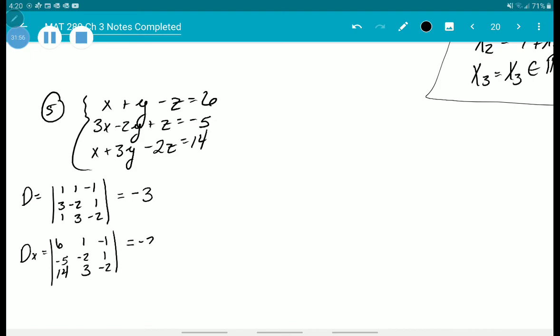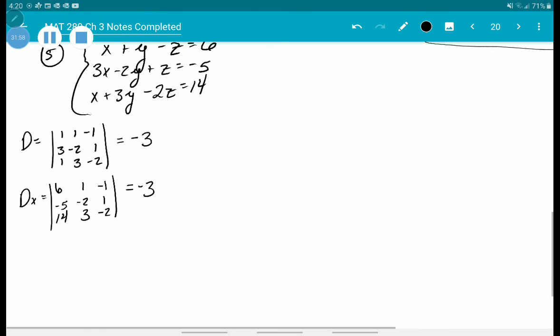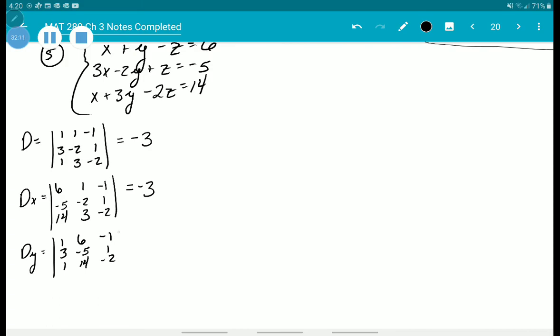I found that to be -3. dy replaces the second column of D. And then dz replaces the last column of D.